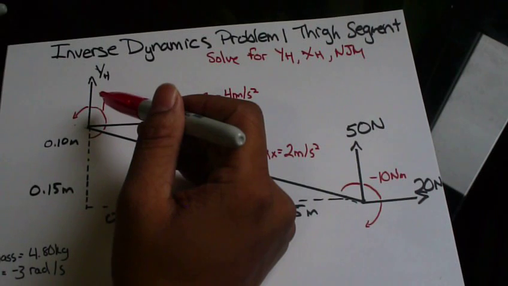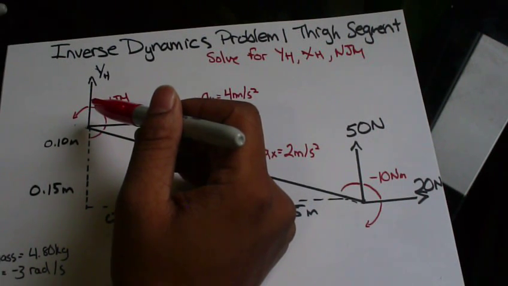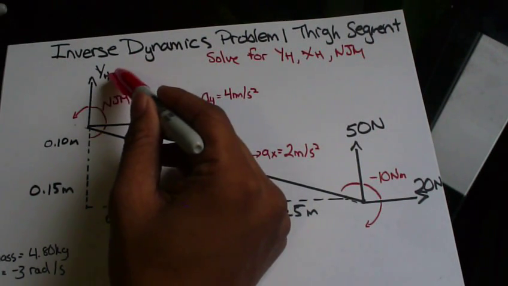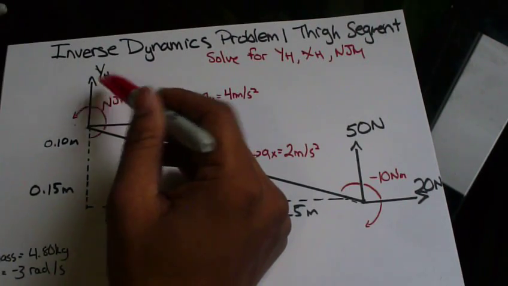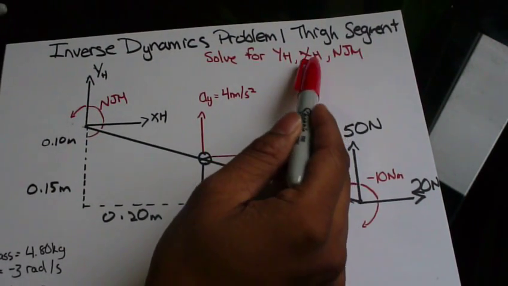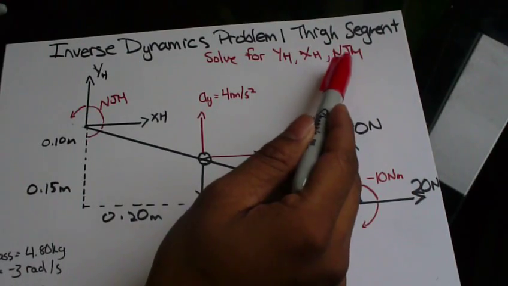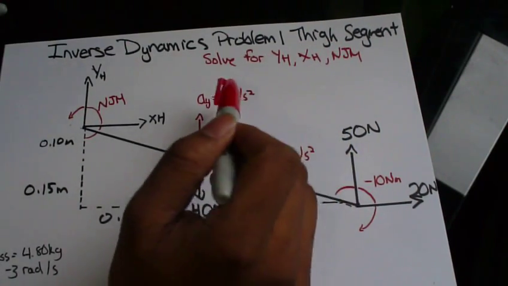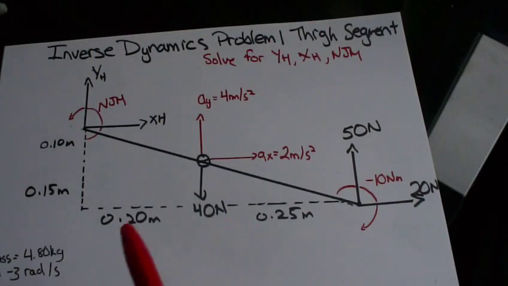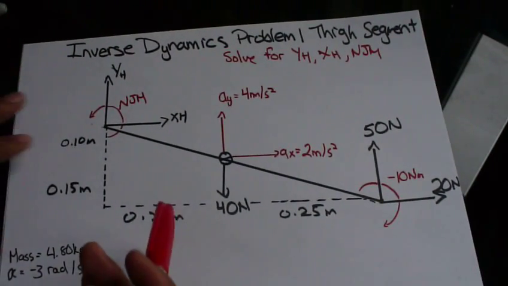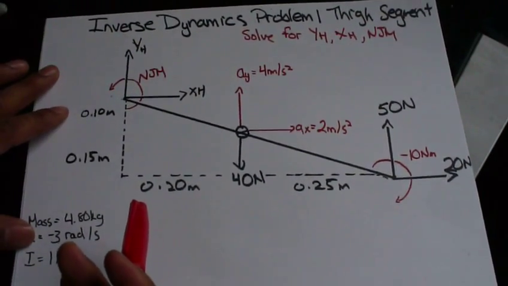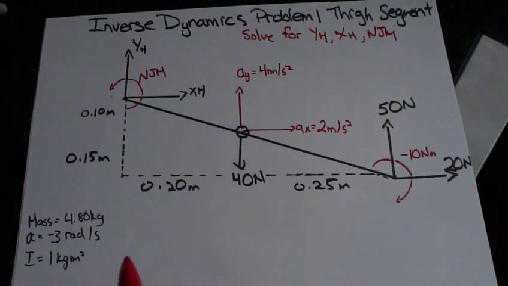We take into account these accelerations and work backwards in order to find out the forces, the y of h's, the x of h's, and the moments, so the net joint moments, which cause these accelerations to occur. So that's what inverse dynamics is. It's working backwards to find out what caused the outcome.